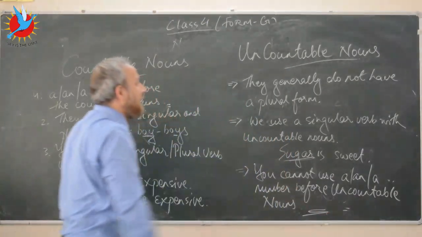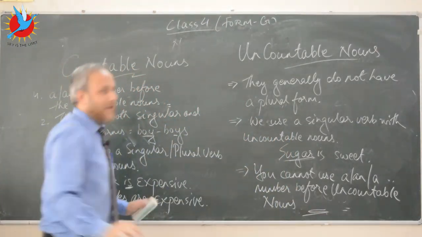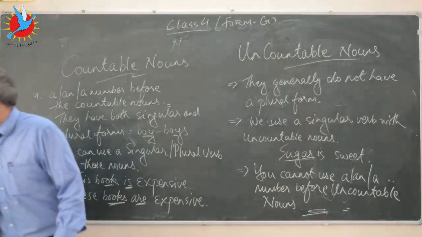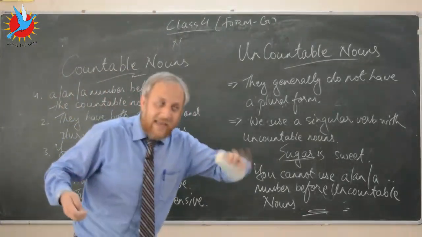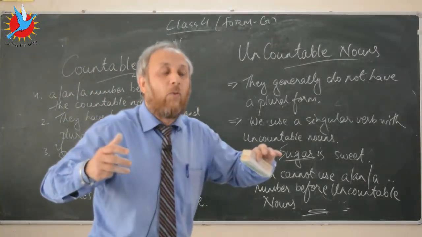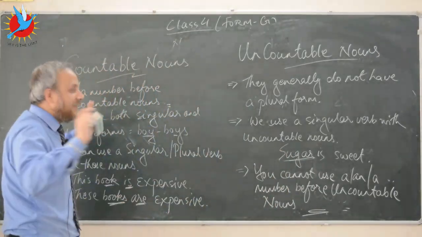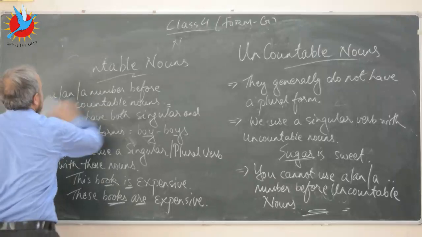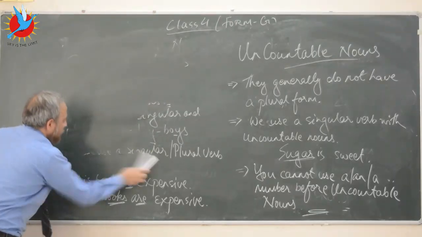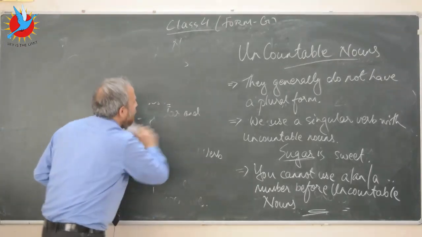So do remember these points, kids. Now you can pause the video. Let me move on to something else now. What are uncountable nouns? Let's talk about that. I hope these points are clear to you. So let's move on.